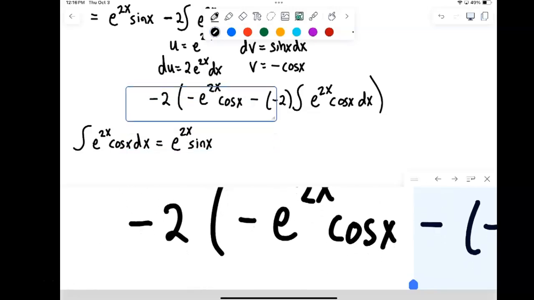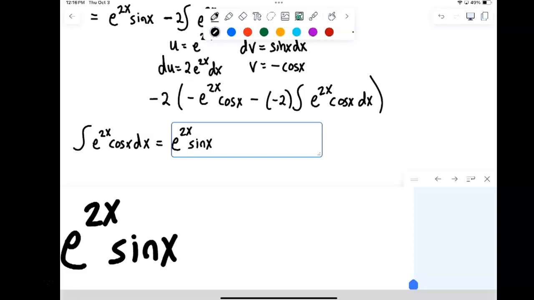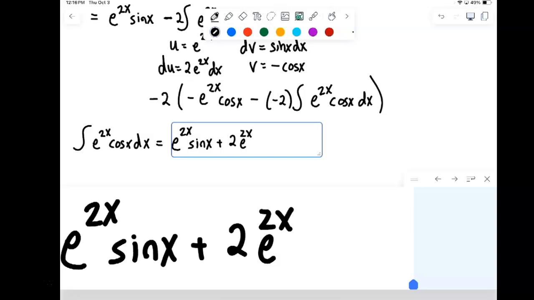Then I have a minus 2 times minus e to the 2x cosine x, so I'm going to have two of those, 2e to the 2x cosine x.